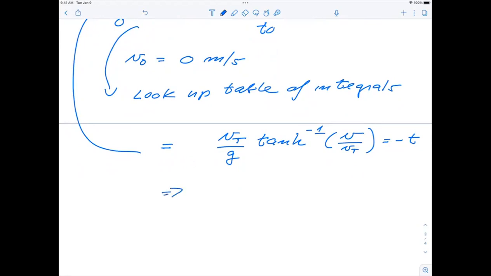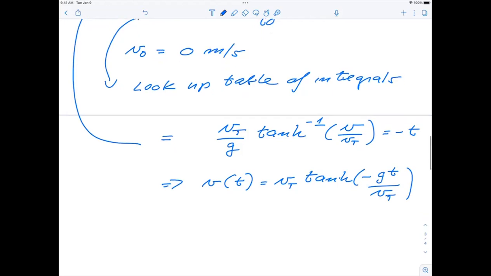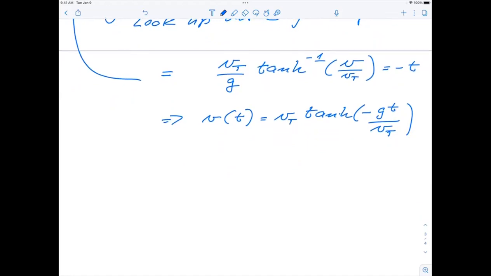So this means that I'm going to get v of t, which has a t dependence. And this is going to be given by vt multiplied with tanh, tan hyperbolicus. And then I have a minus g t divided by vt. So this is something which is nice to see, because we can then compare our numerical efforts with the analytical solution and just see if that agrees with what we get numerically.